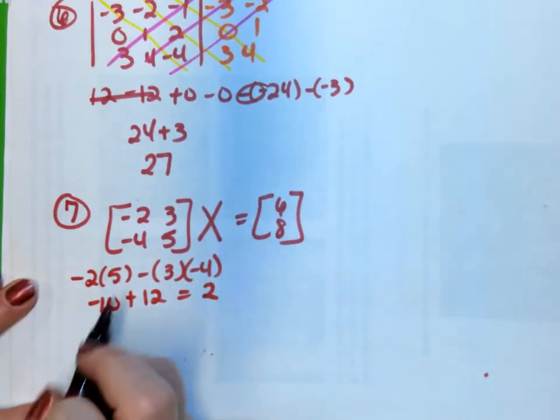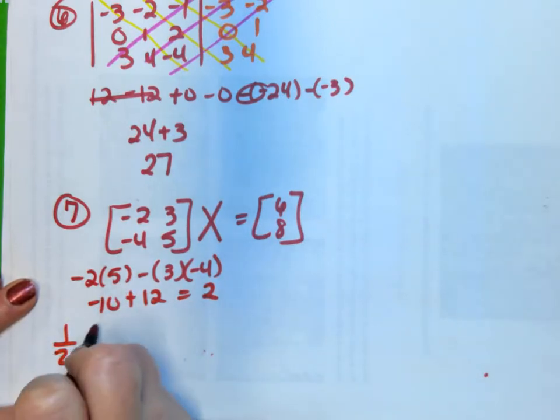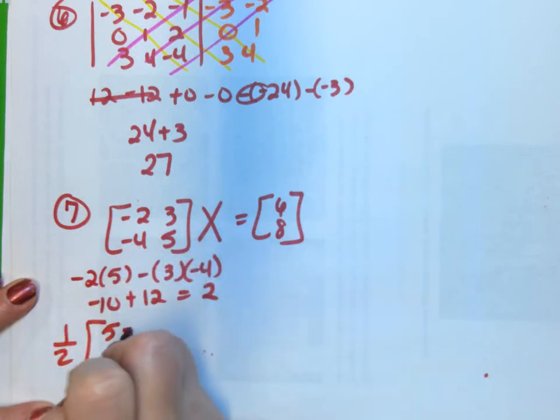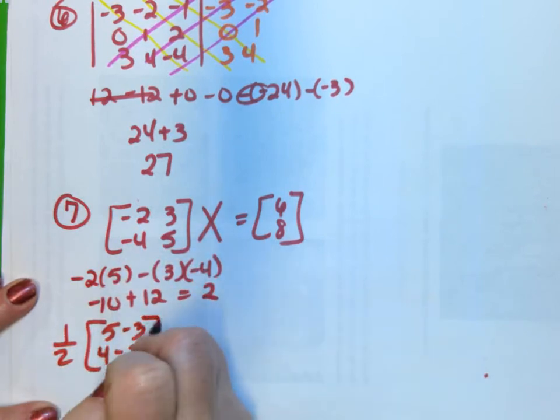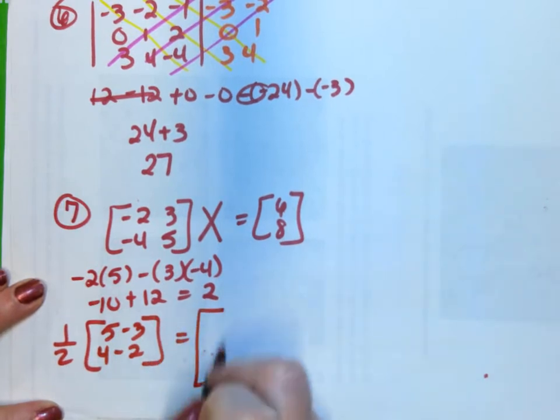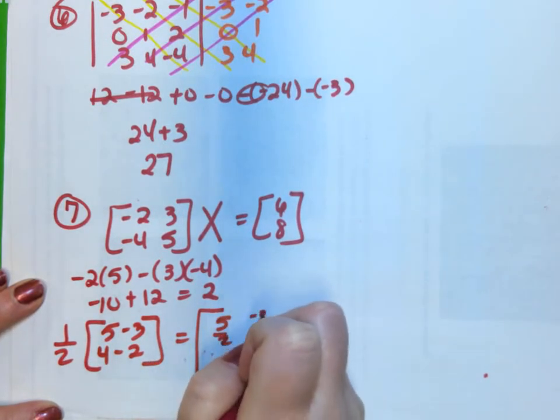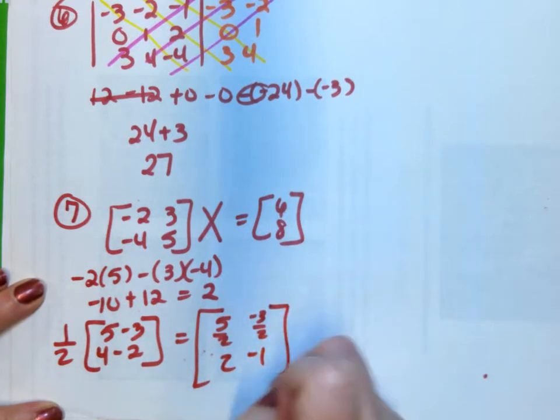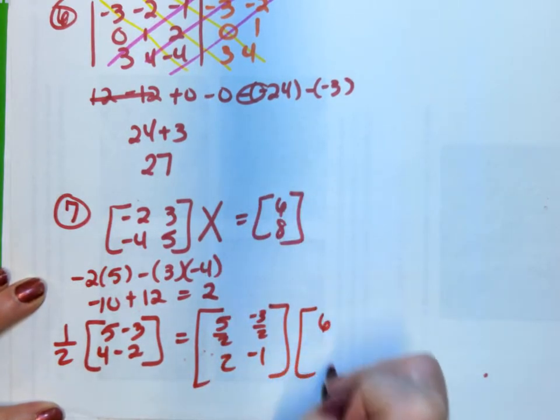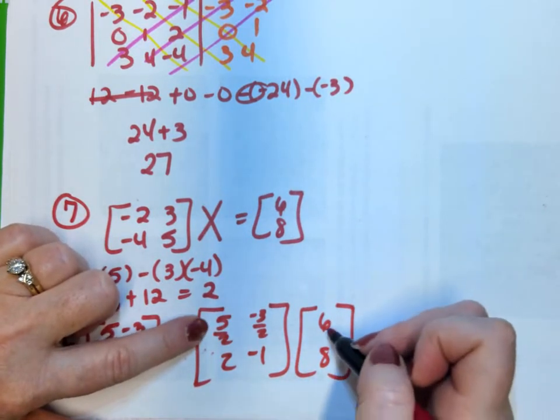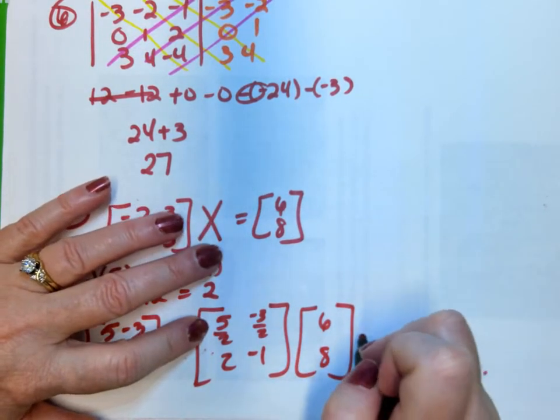Yes, I can. So 1 over 2, switch, change the signs. Multiply that out. So I get 5 over 2, negative 3 over 2, 2, and negative 1. Bring this guy down, and we multiply. 5 over 2 times 6 is 30 over 2.